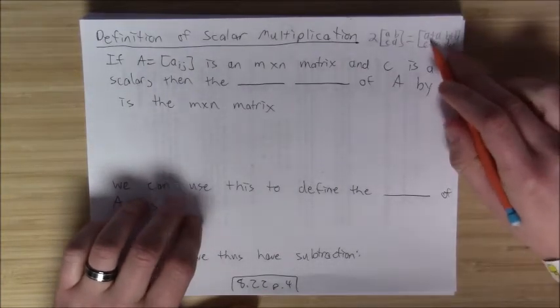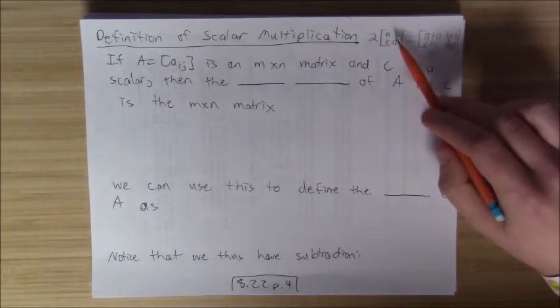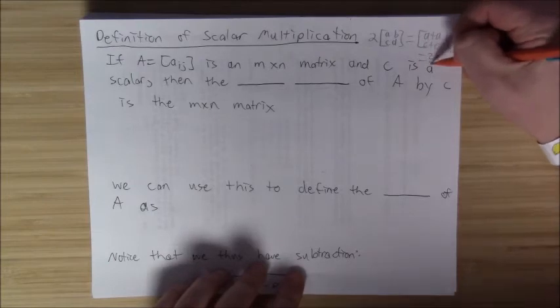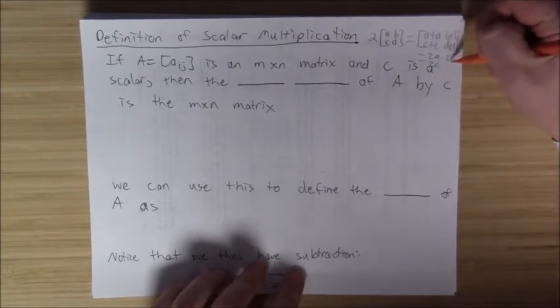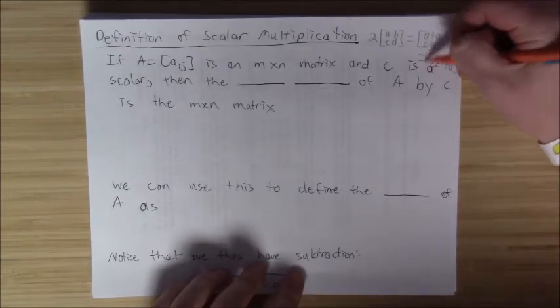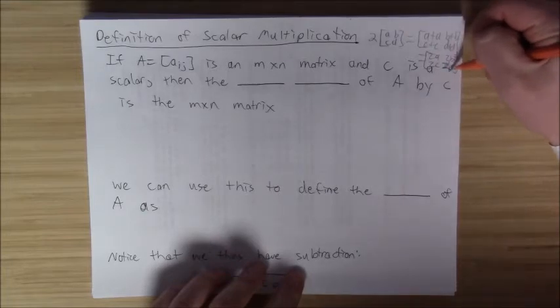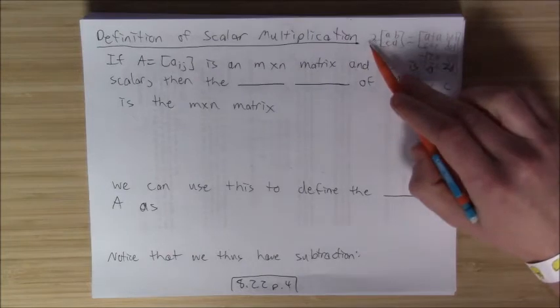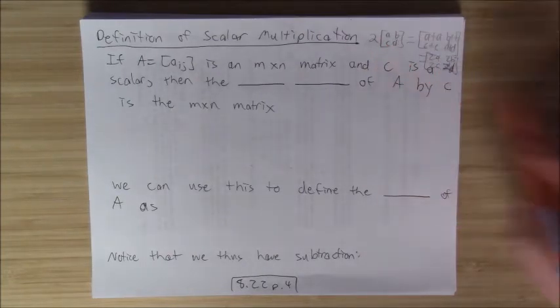Because of that, it's not too hard to see that what that gives us is 2A, 2B, 2C, and 2D. Namely, it looks like the 2 got distributed to each of the entries.